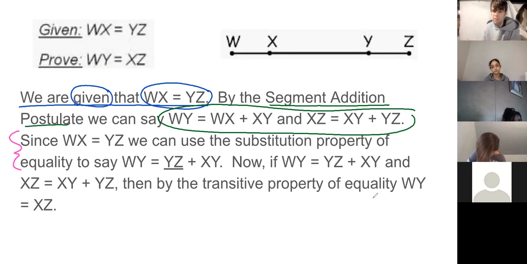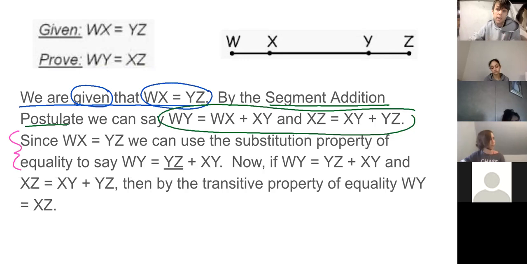A lot of things can be inferred just by what you say. So people tend to leave out details when they're doing a paragraph proof. So that's why I don't really encourage it. And they're just a little bit harder to follow. They don't organize quite as well as a 2-column or a flowchart.